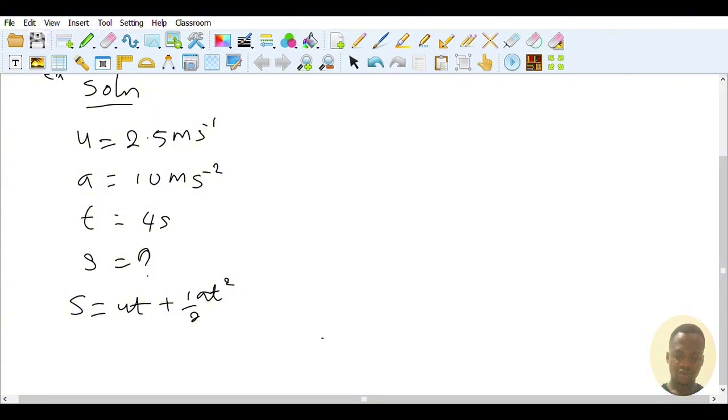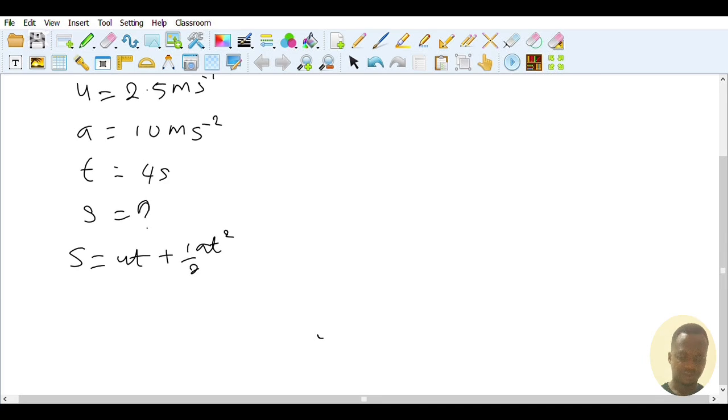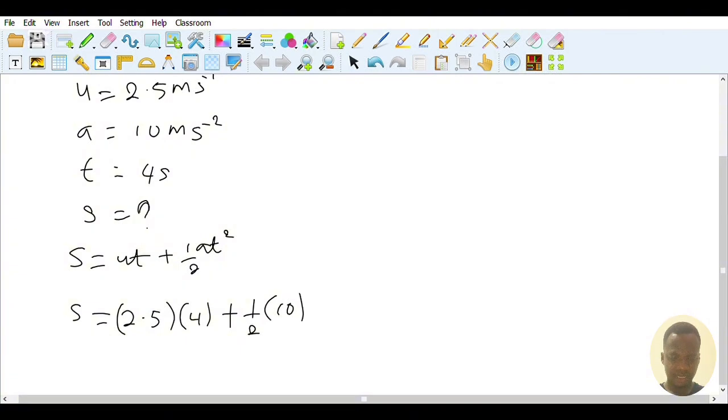Okay, so you can see in this equation we have U, we have T, and we have A. Very good. So let's go ahead and substitute. So our S is equal to 2.5 times, the bracket is times 4, plus half A is 10, and then T is 4 with a square.